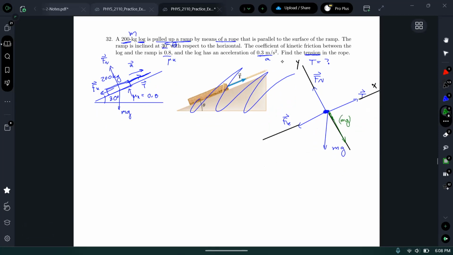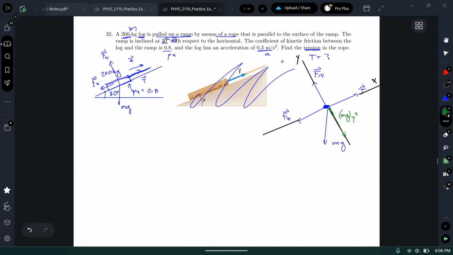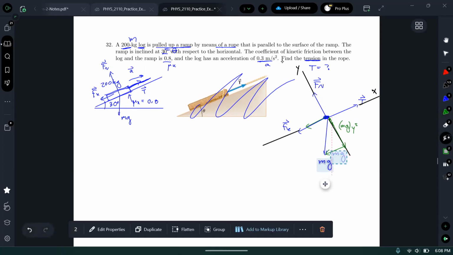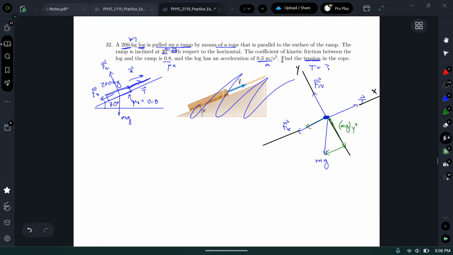I call that mgy. I'll find whether I use a sine or cosine for it in just a second. And then I could either draw my other component like this, or I could draw it down here to complete this right triangle. It's the same component, I just slid it around to put it in a spot that makes it clear what kind of trig has to happen in a second. And that's going to be my x component, so mgx.